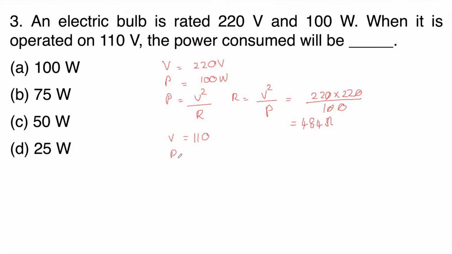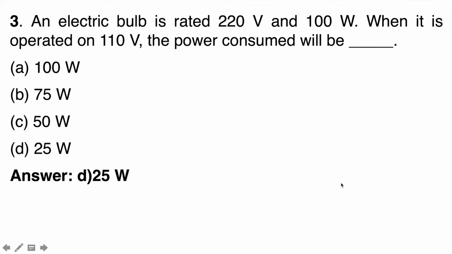Resistance is 484, so what will be the power? Again we can use the formula V square by R. It is 110 into 110 by 484. By solving this you will get 25. So the answer is 25 watt.